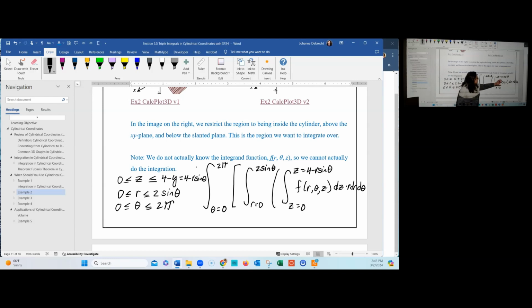Notice here that our upper limit of integration for z is a function of both r and theta, the two integrals outside of it. Our central integral is a function of theta, which is the integral outside of it. We'll have to integrate in this order to compute the triple integral over this general region.